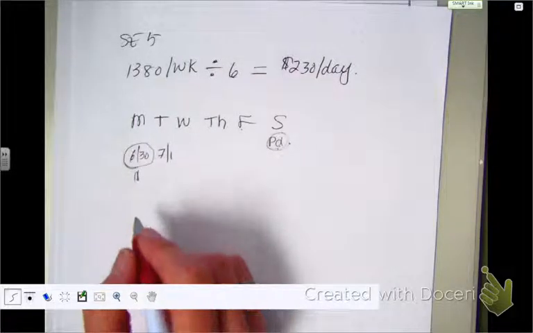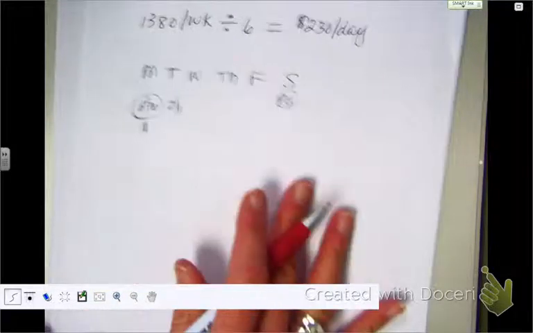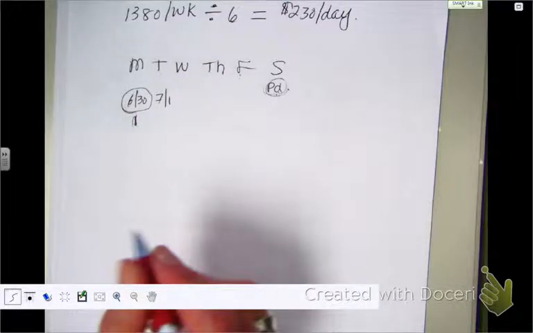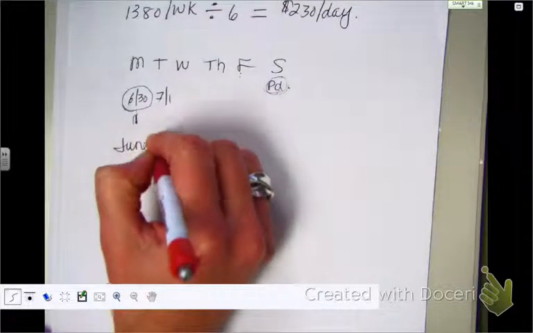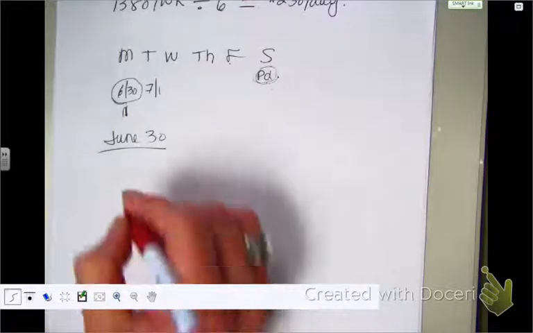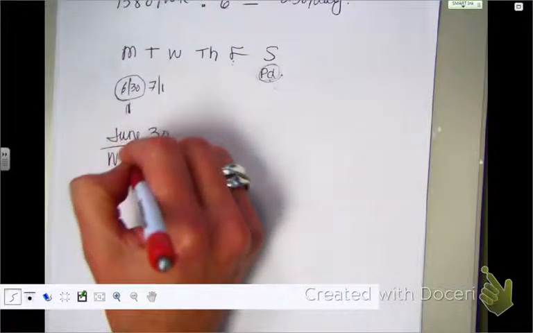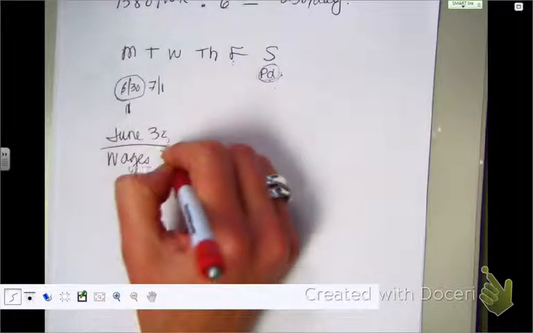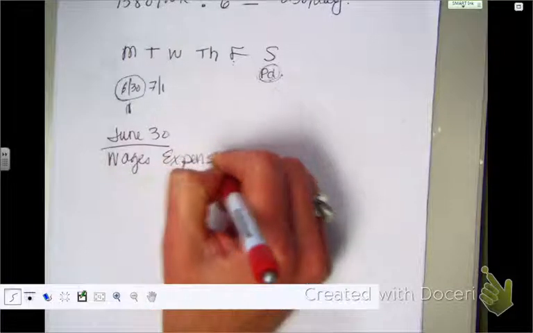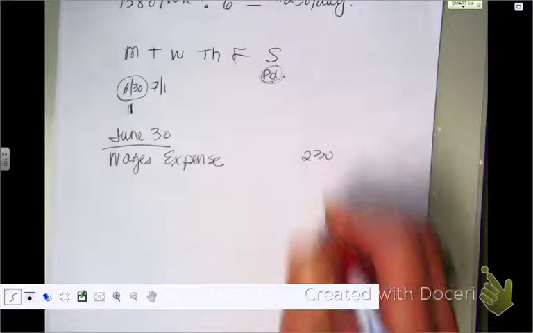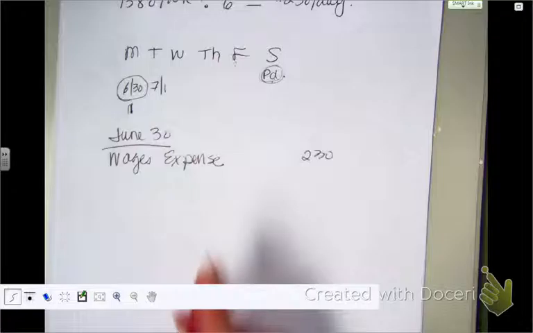So we've got to record the adjusting entry for wages for June 30th. So we have wages expense of $230 for the 1 day, and wages payable of $230.